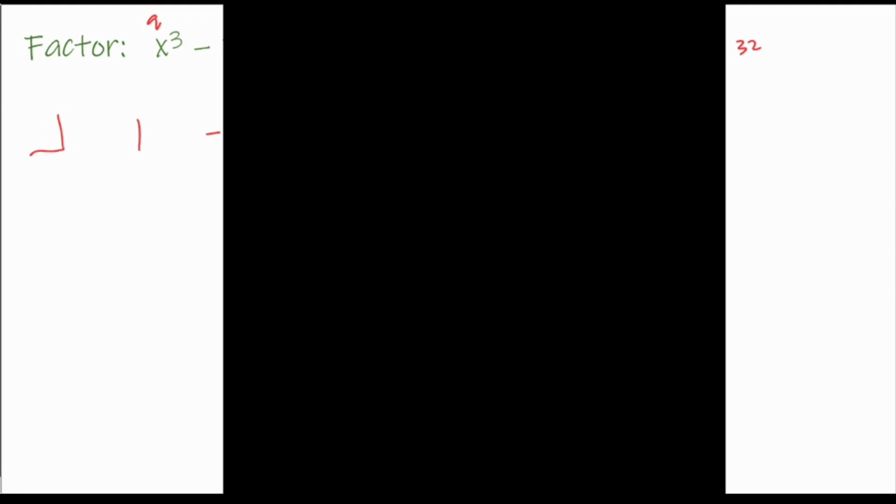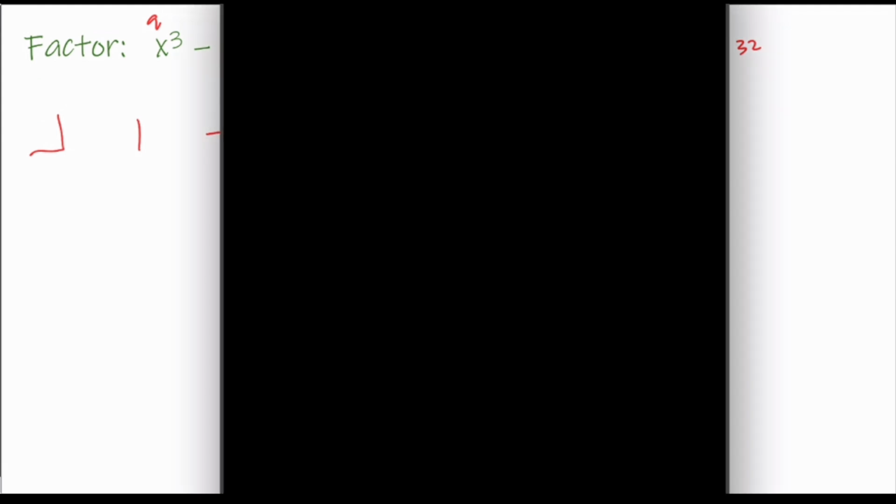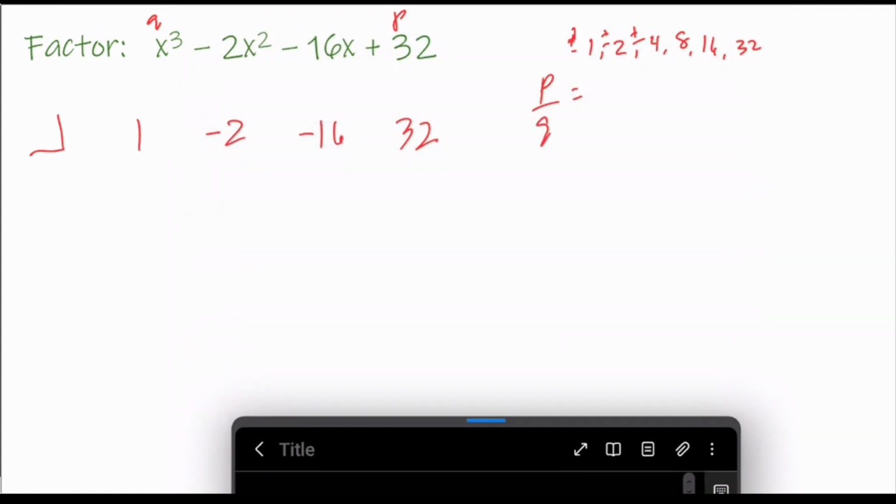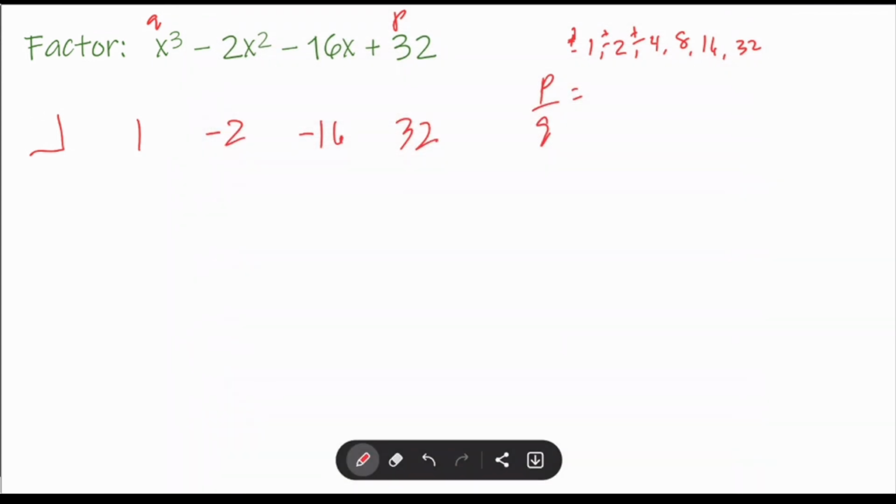So how do we find the factor? You have to do trial and error, as I said, and let's say you try 1 again, for example.